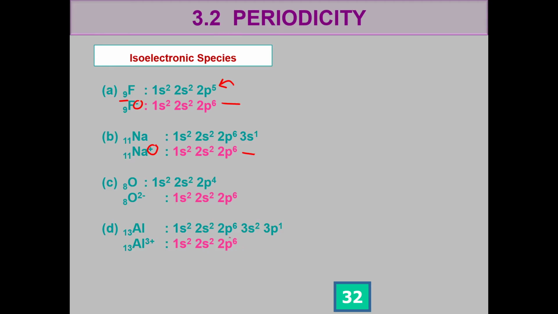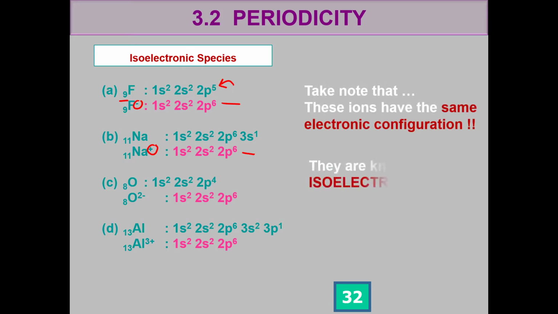Okay, bila dia orang dah start ambil and buang electrons, dia orang punya electronic configuration dah become sama. Okay, so this is called isoelectronic ions, di mana dia orang punya electronic configuration samalah.